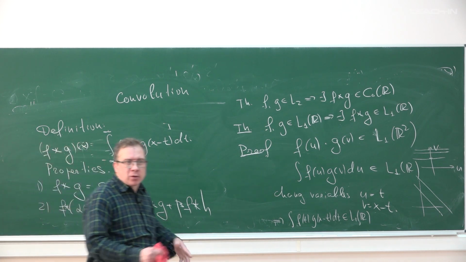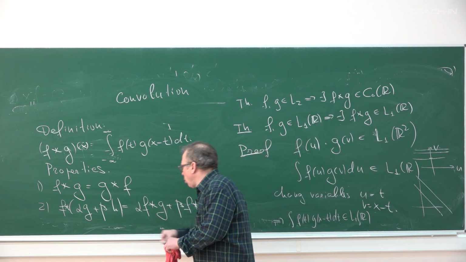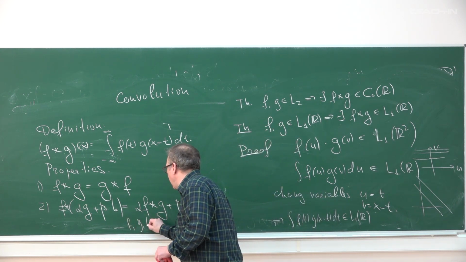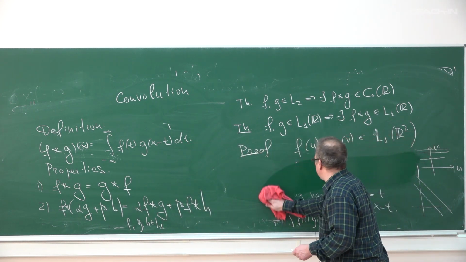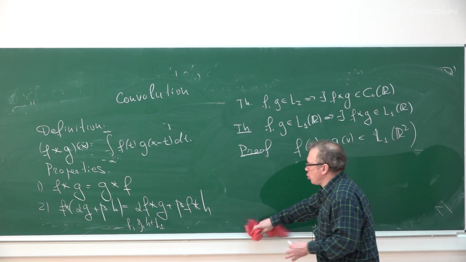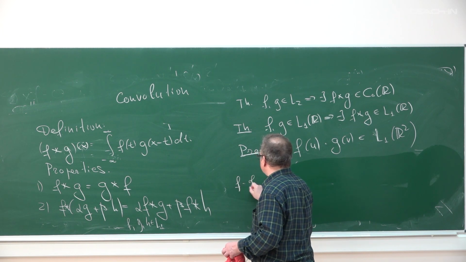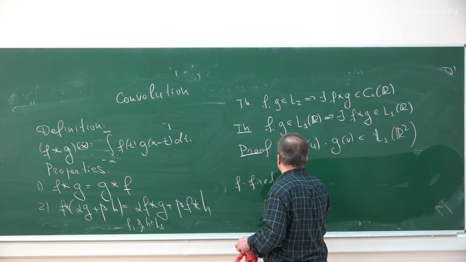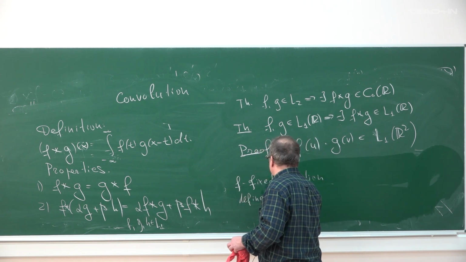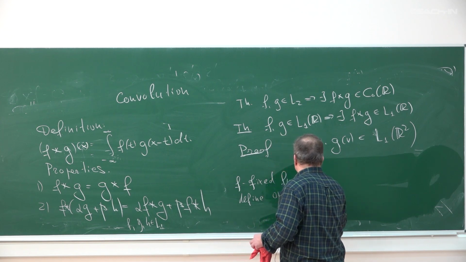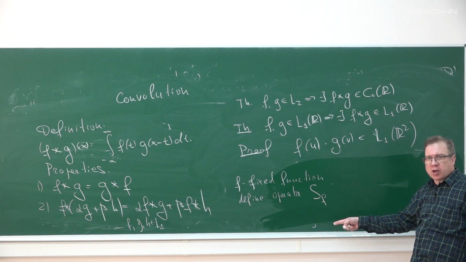But you can consider a convolution as a linear operator. Here all functions f, g, h belong to L1. So what you can do: take f fixed and define the operator capital F sub f as the convolution with the function f.